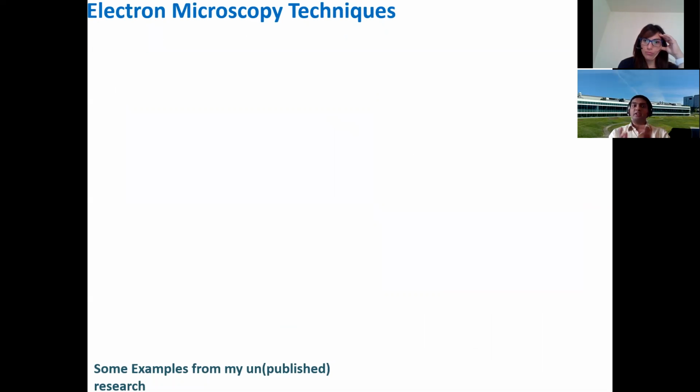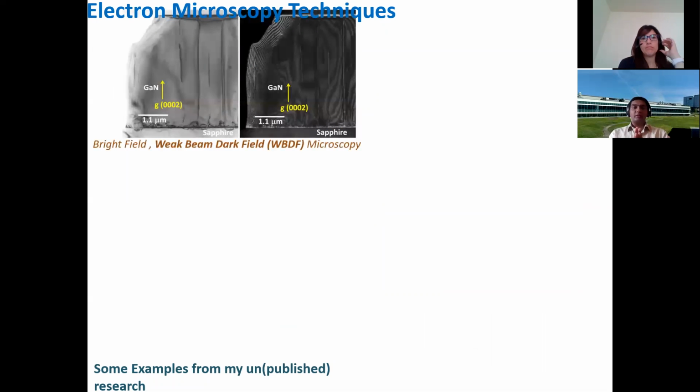Now coming on to electron microscopy techniques that I have primarily been using for all these different purposes. The first one that I would like to highlight is bright field and dark field microscopy. This is an example showing a gallium nitride film being grown on sapphire, studied in the cross section mode.